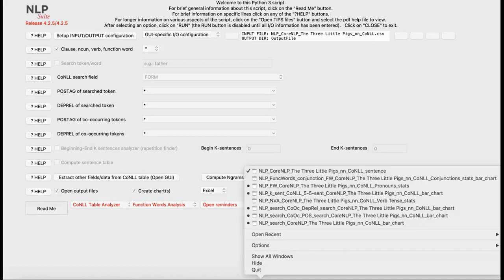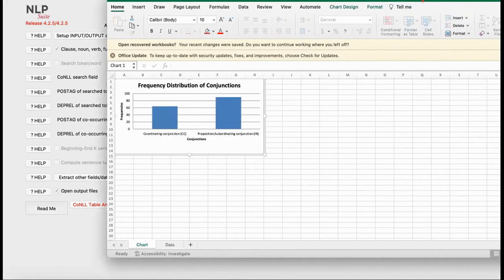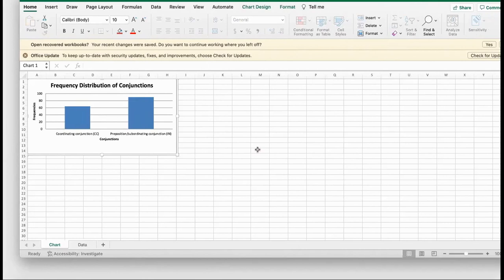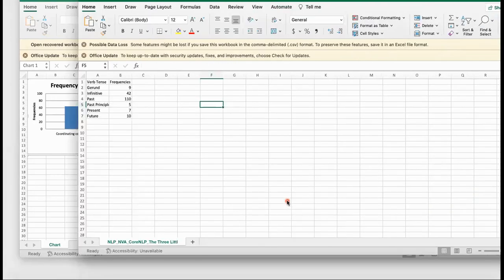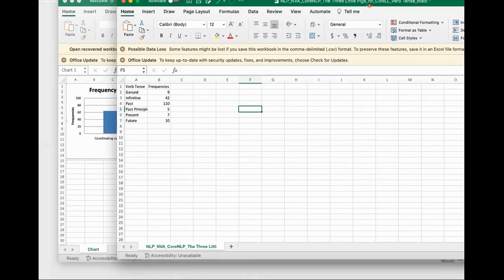Here's an example. This Excel table shows the frequency distribution of 2 different types of conjunctions: coordinating conjunctions and prepositions/subordinating conjunctions. Here's another example, showing the verb tense analyses.